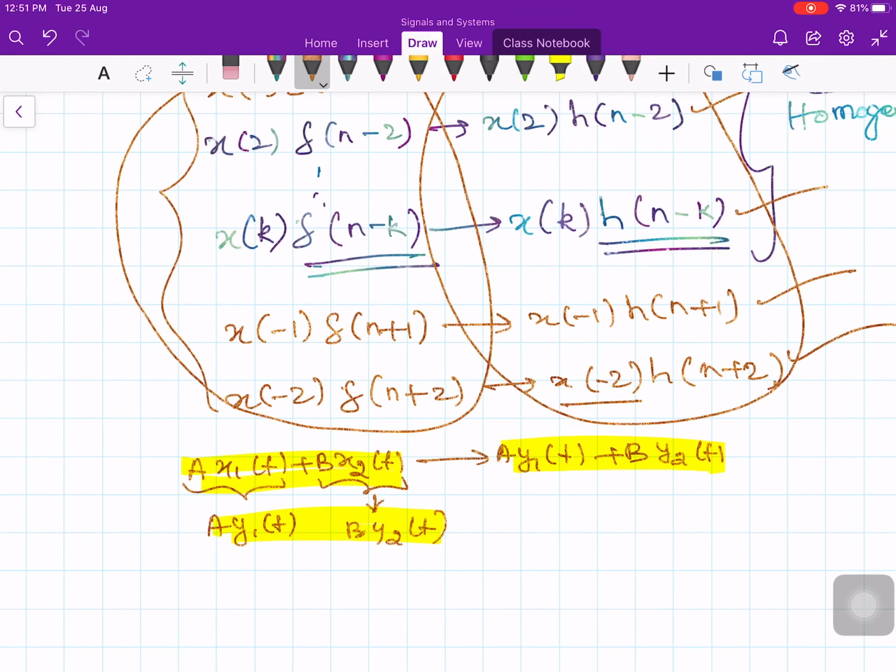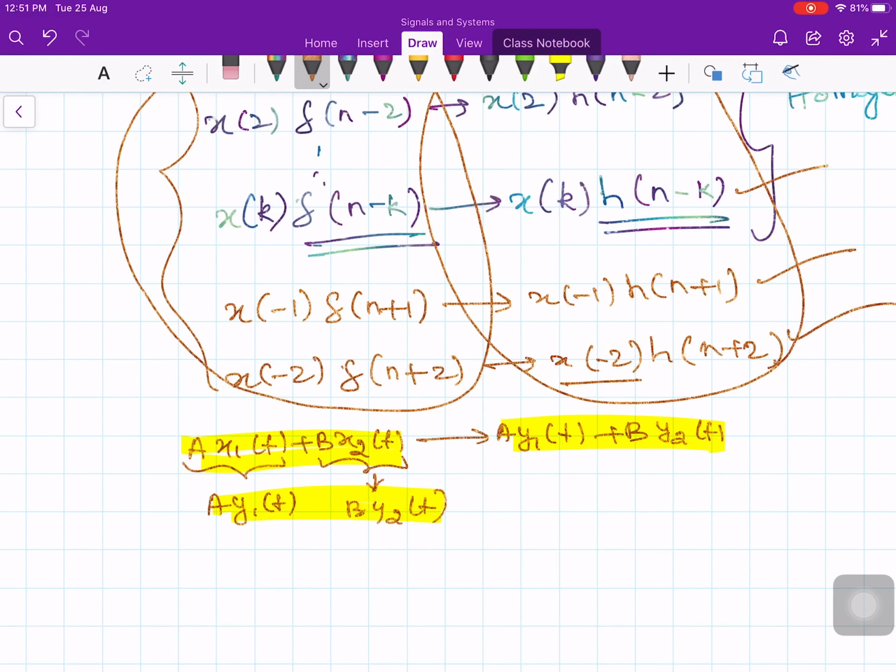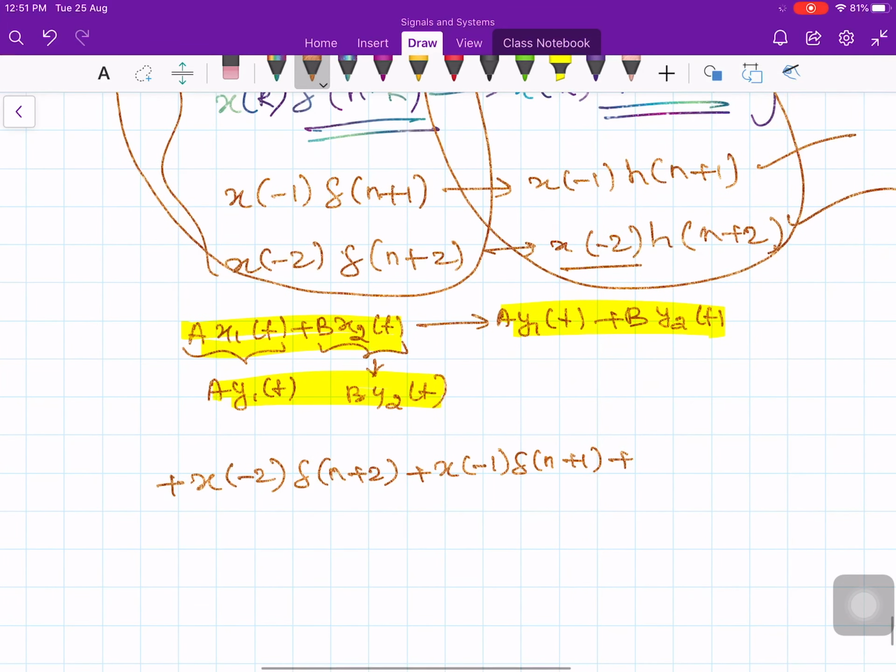Okay, k going from minus, let me write down first. So x of minus 2 times del of n plus 2 plus x of minus 1 times del of n plus 1 plus x of 0 times del of n plus x of 1 times del of n minus 1 plus x of 2 times del of n minus 2.